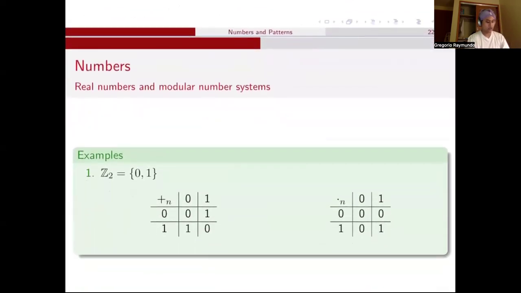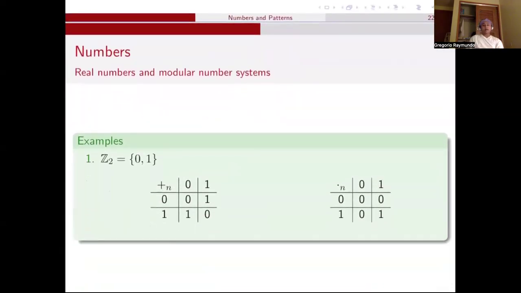So, halimbawa, Z2. Ito yung binary system. Ang Z2 may dalawang elements, 0, 1. So, ano itsura ng mga elements ng addition dito? So, 0 plus 0, 0.